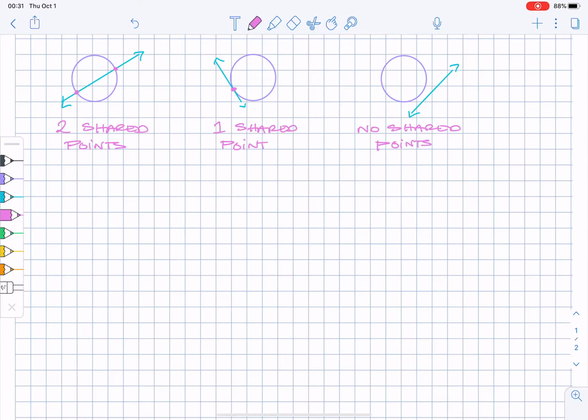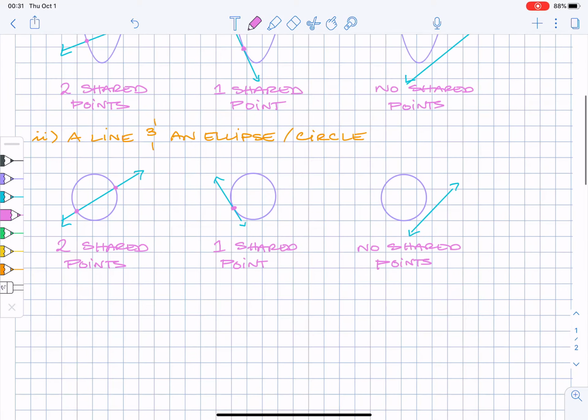Okay, so this is what it looks like visually, but let's see what it looks like algebraically.